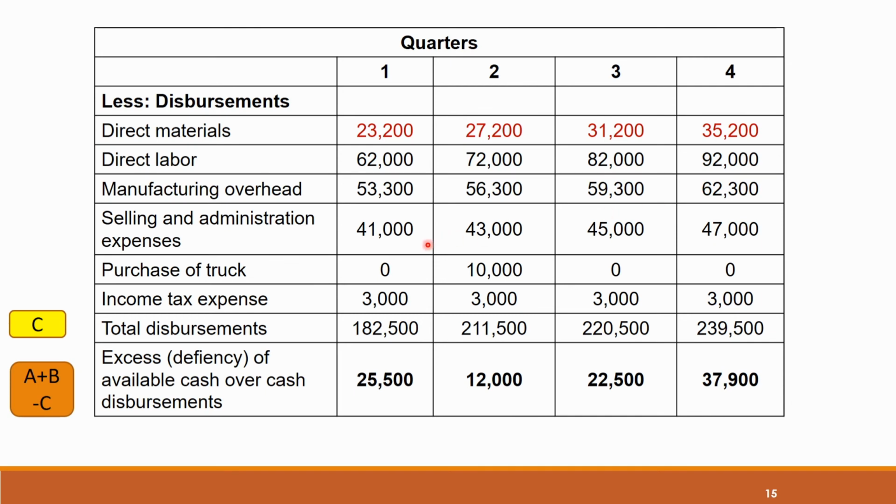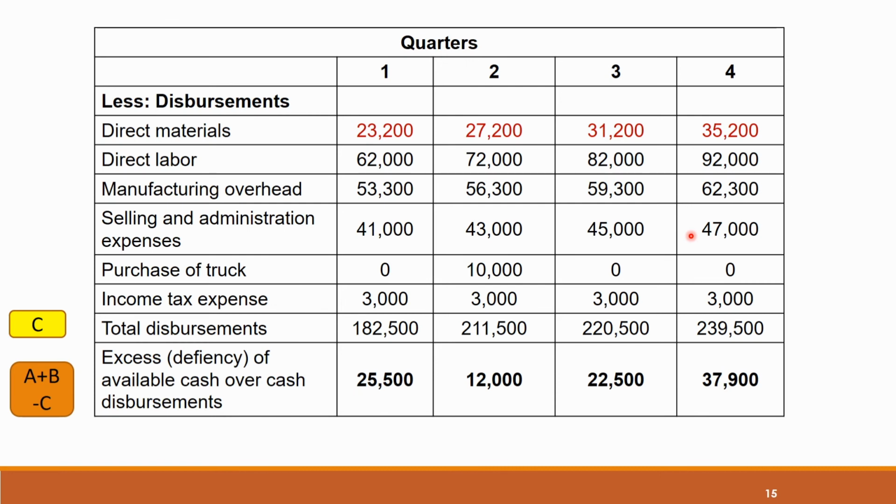And also selling and administration expenses we have to record in the cash disbursement. 41,000 for the first quarter, the second quarter 43,000, the third one 45,000, and the last one 47,000.